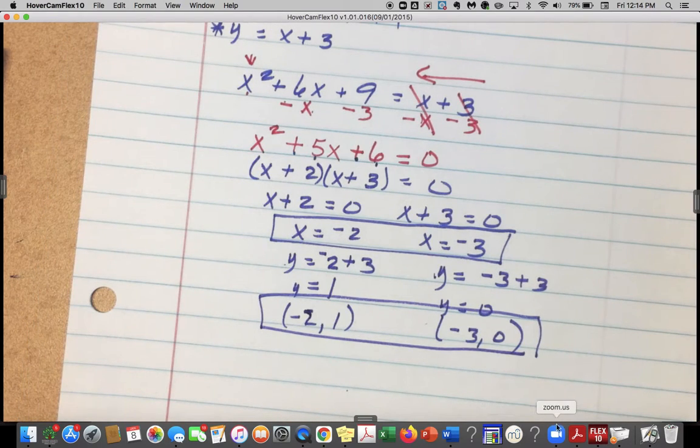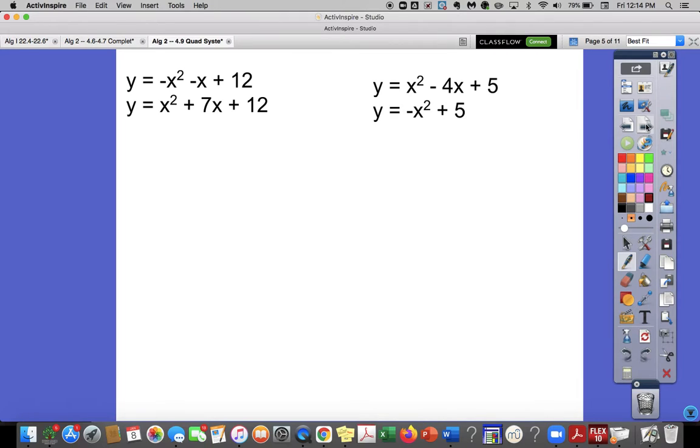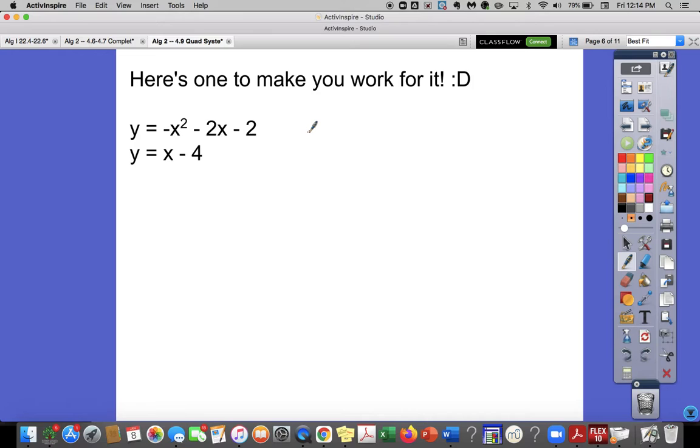Now let's see here. Let's do like one more. I want to specifically look at one that has both of them squared. So this is a quadratic meeting a quadratic. Okay, so let's see here what would be interesting. I tell you what, let's scoot over here and let's just get this one because I've got it set up to where it's supposed to be an interesting little problem.